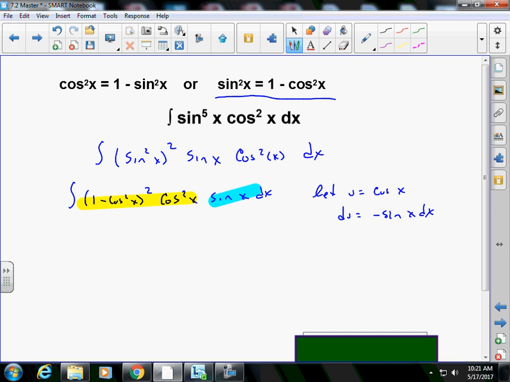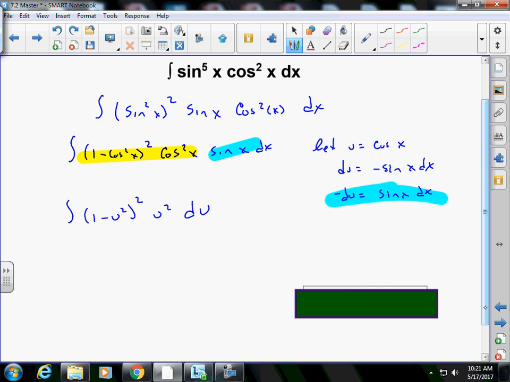I don't have that minus, so I'm going to add that. I'm going to multiply both sides by negative 1. There's my substitution. So now I have 1 minus u squared, squared, times u squared du.